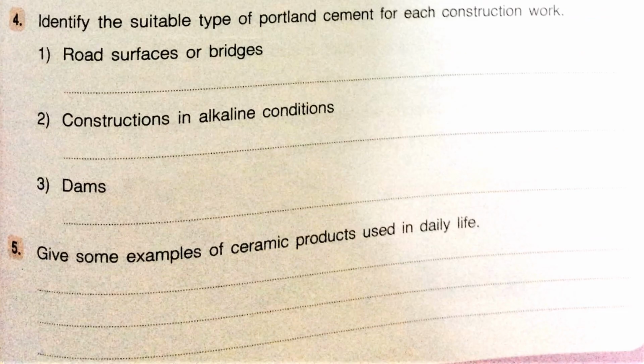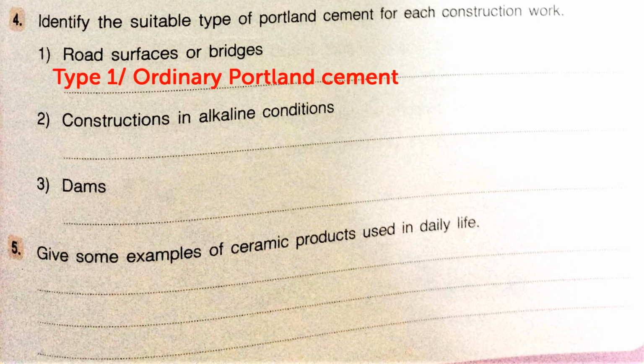Okay, for number 4, we have to identify the type of Portland cement that we are going to use. There were 5, right? For the first one, what type of Portland cement are you going to use for road surfaces or bridges? The answer is type 1 or ordinary Portland cement.